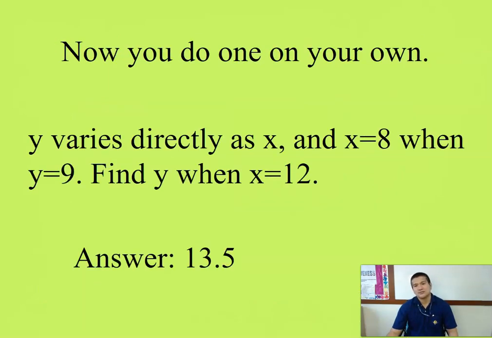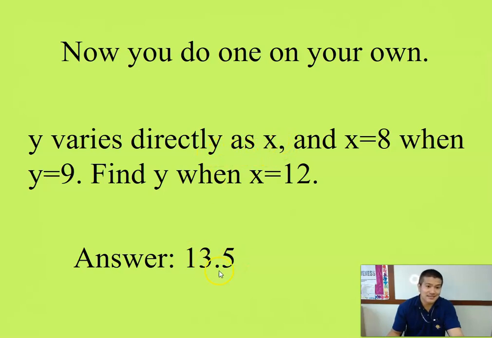Okay, try to practice more problems so that you can have the idea how to solve for the unknown variables x and y. From here, y varies directly as x.